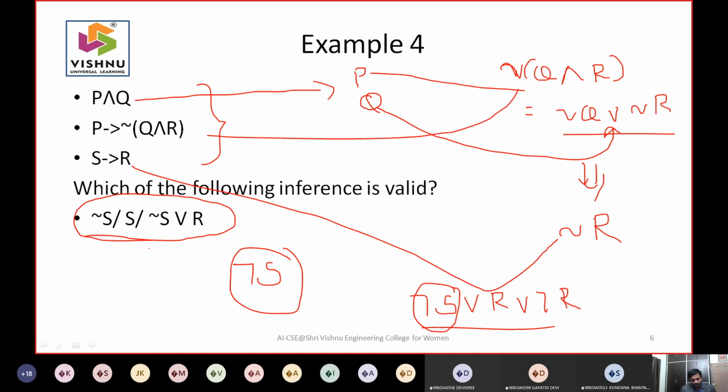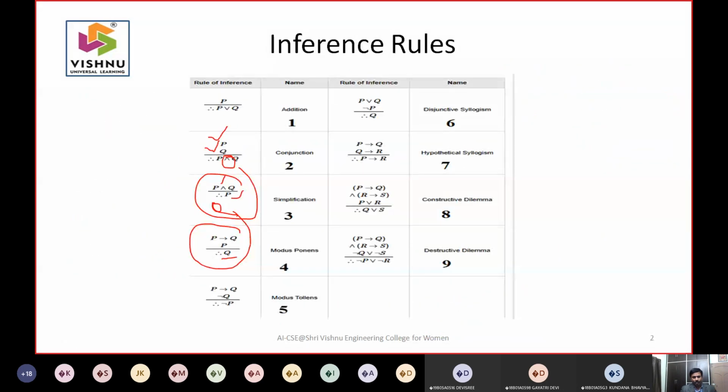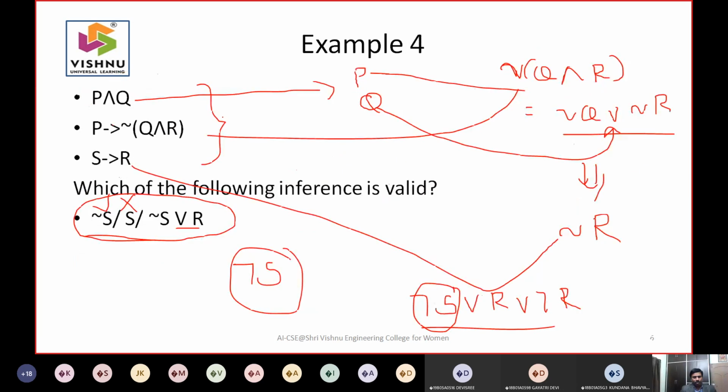Once negation of S is a valid fact, S is not a valid fact. Once negation of S is a valid fact, you can add any value in terms of R. This is what your rule is. You have a statement, you can have another statement that can be added by using R. So obviously this is also true.